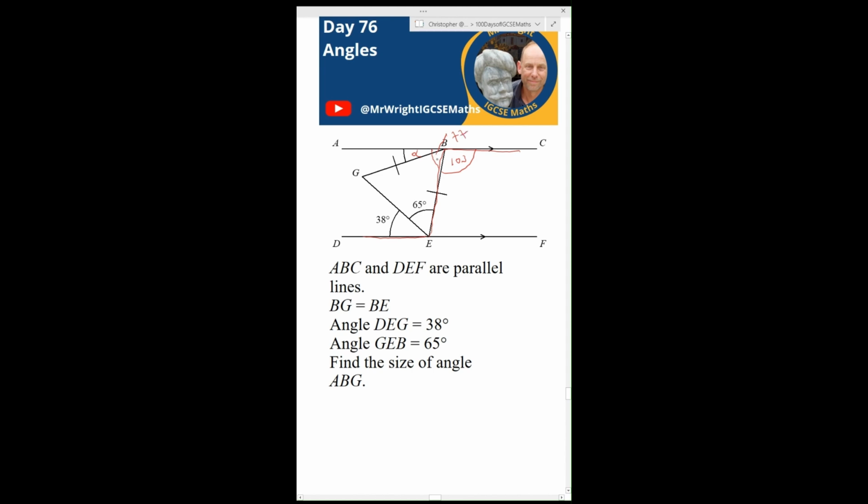Now the top angle of this triangle, it's an isosceles triangle, isn't it? So I've got 65 here, so that's 130, leaves me 50 there. So alpha is in fact 77, the whole of that top angle, take away 50. Alpha is 27.